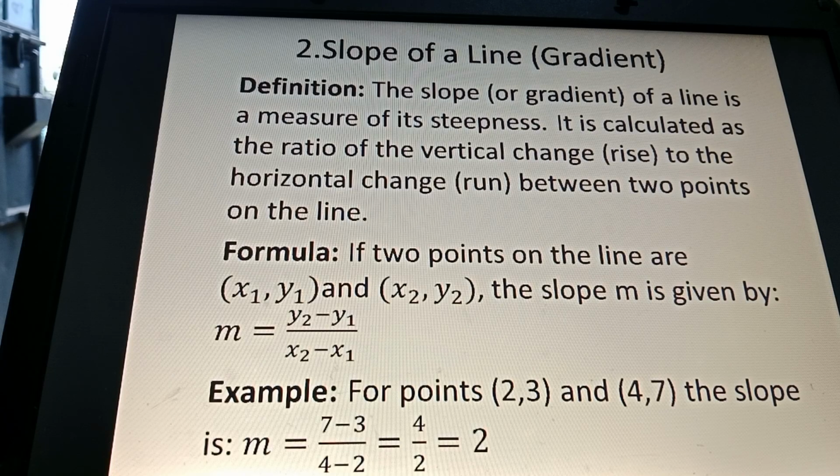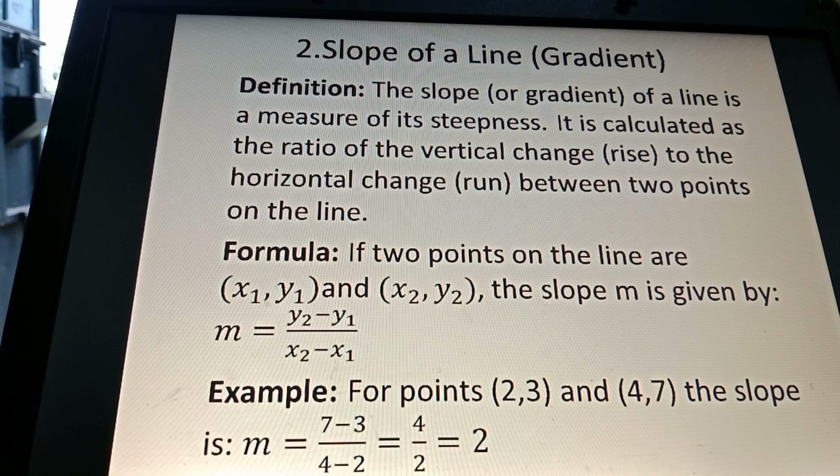Slope of a line or gradient. Definition: the slope or gradient of a line is a measure of its steepness. It is calculated as the ratio of the vertical change, or what we call rise, to the horizontal change, or what we call run, between 2 points on the line.